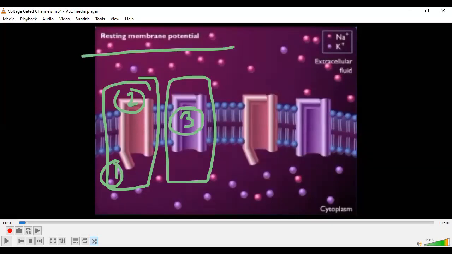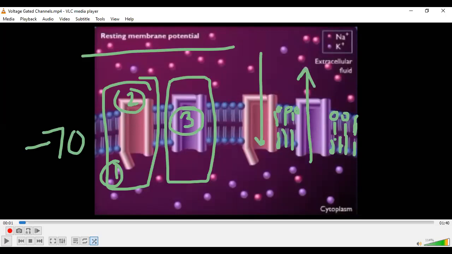Resting membrane potential. Voltage at this time is minus 70. Have you seen behind on the screen? You can see this lipoprotein model, the fluid mosaic model of Singer and Nicolson, because it's just a cell membrane. This is a special kind of cell membrane having special gates which allow only sodium ions, and which allow only potassium ions.